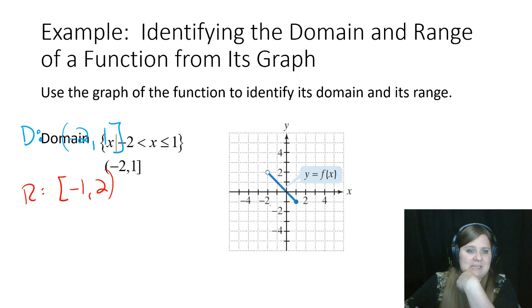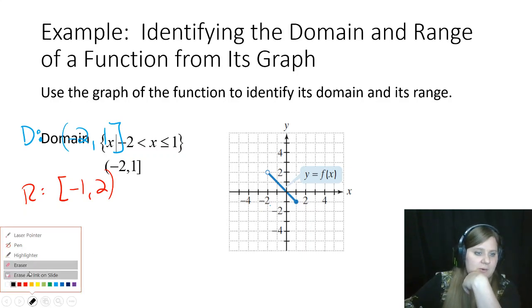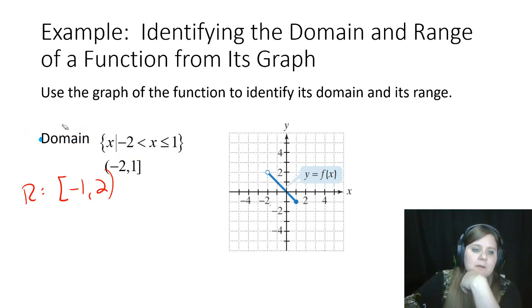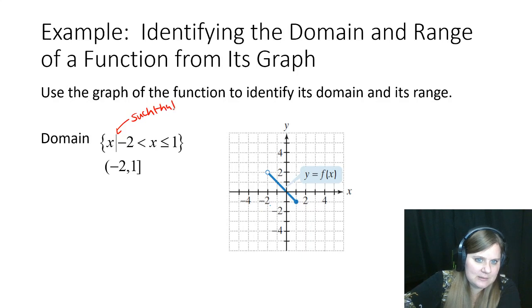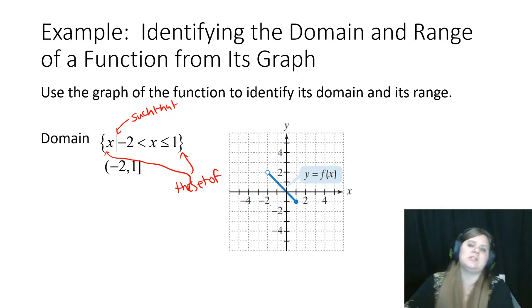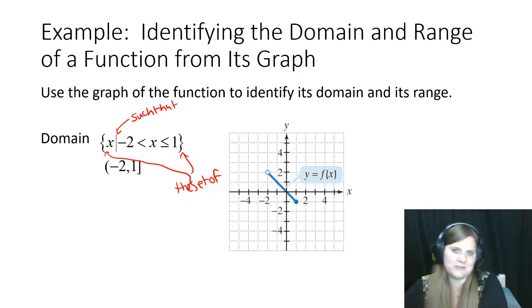What you see here is x such that negative 2 is less than x is less than or equal to 1. This symbol here is "such that," and if you remember, I told you the squiggle brackets were "the set of." So, the set of x such that negative 2 is less than x is less than or equal to 1.